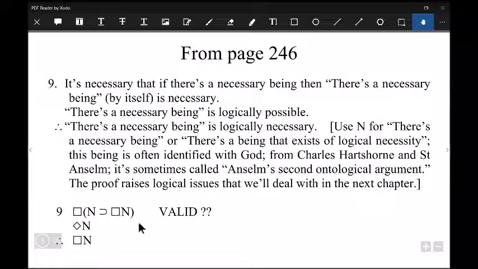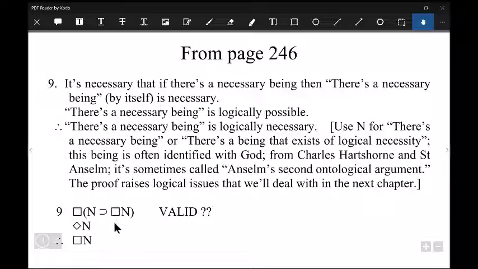And that's the first premise there. He says this is just true by virtue of what we mean by a necessary being. It's necessary that if there is a necessary being at all, then it's inherently necessary that there is. I warn you, this is kind of difficult.